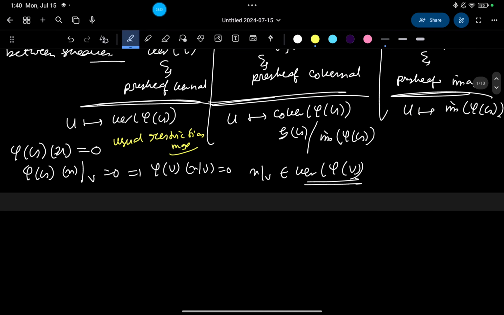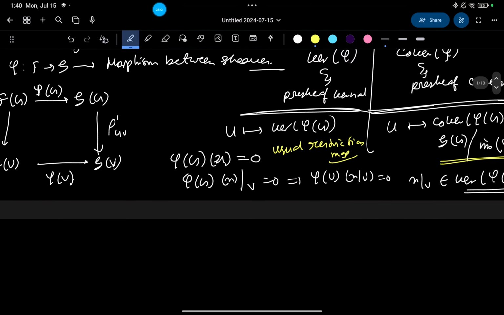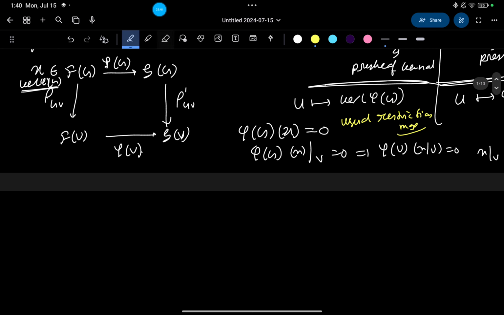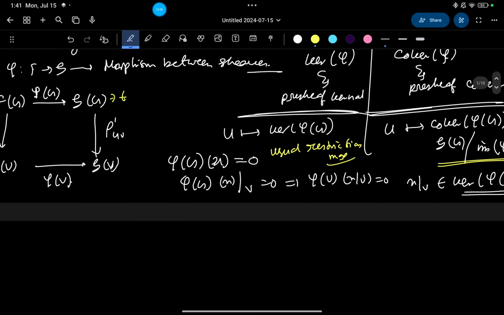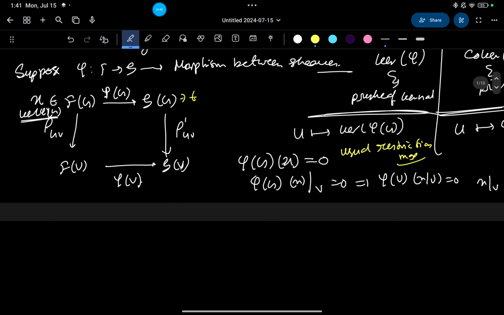Alright, again here also, how should the elements look? For example, I take small t belonging to G of U, with U a subset of V. So what about t restricted at V?